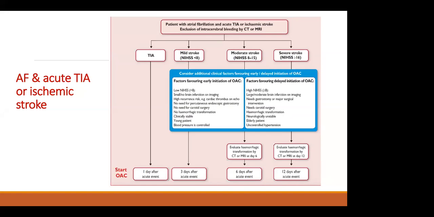If there is no hemorrhagic transformation, and he's young, stable, with controlled AF, that is quite different from an elderly patient, neurologically unstable, with uncontrolled blood pressure and some hemorrhagic transformation, which favors delayed initiation of oral anticoagulants.